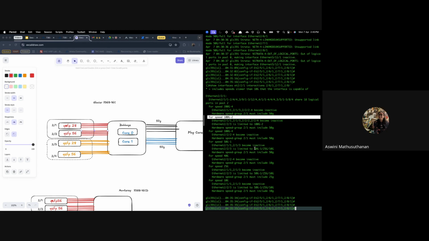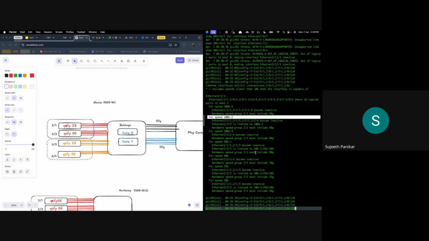So, just to summarize, Sachin, what you're saying is correct. This limitation exists because there is an oversubscription of the number of logical interfaces, but we are limited by the number of SerDeses. The 5 core is mapped to the Babbage gearbox, and in the Babbage gearbox there are 2 cores, core 0 and core 1. The black SerDeses go to core 0, and the blue SerDeses go to core 1. Core 0 is mapped to only 2/1 and 2/2.